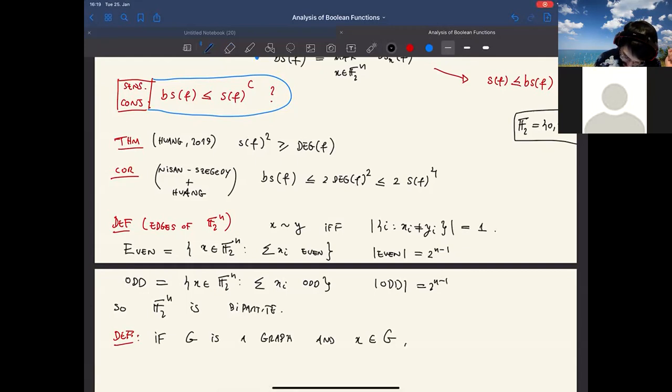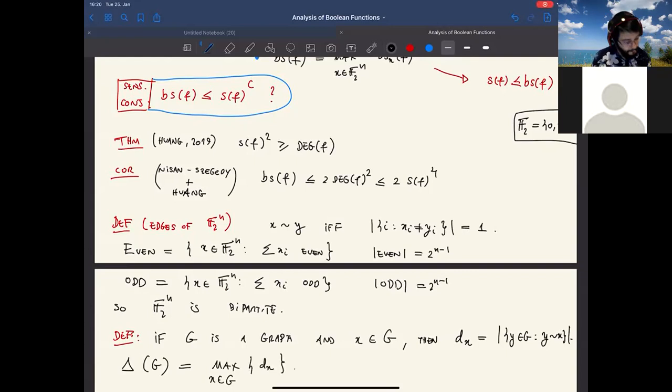Then we denote by deg(x) the degree of x, which is the number of neighbors. And then the degree of a graph, we write like this, is the maximum of the degrees.